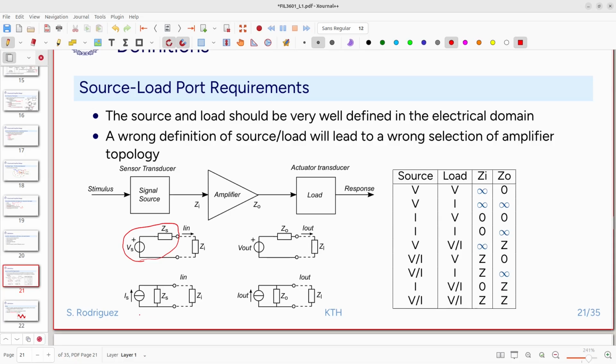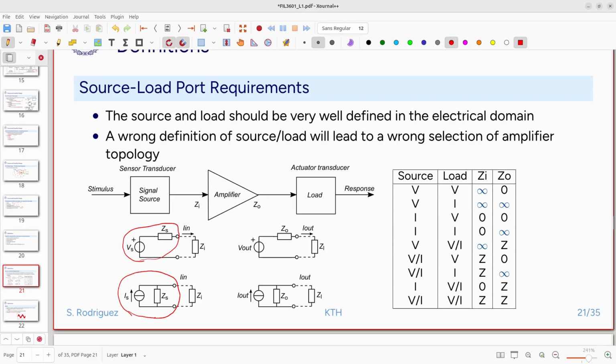Then an alternative is that we can model the source as a current source. Normally we do this modeling when there is a very large impedance. The best model is a current source.